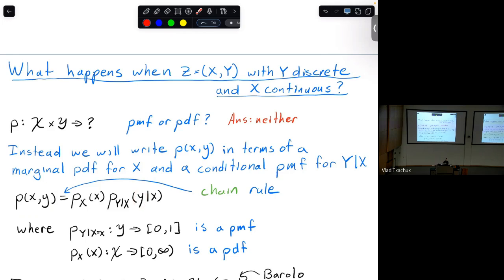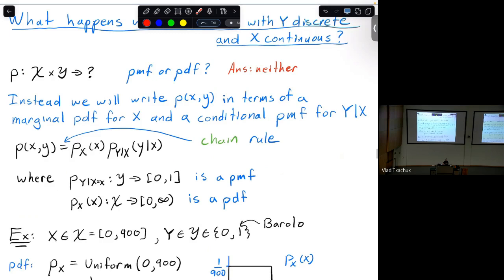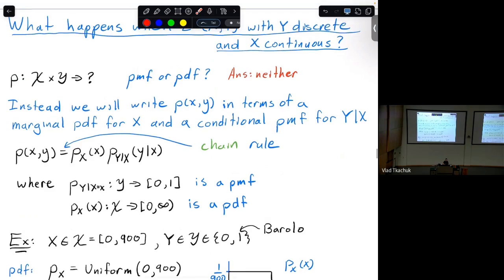And now these are just really PMFs or PDFs over single random variables, and we know how to work with these things. For instance, I gave an example here. So okay, which one was what? Let's see.